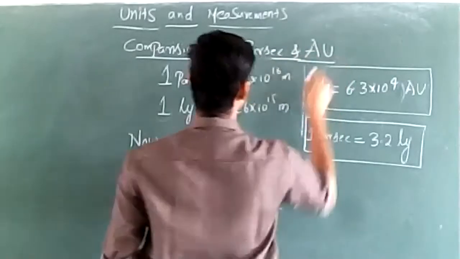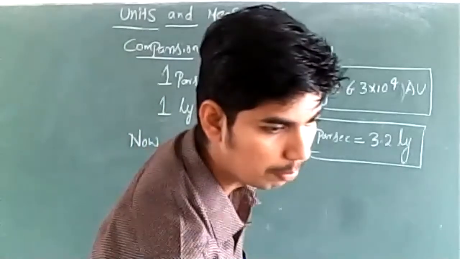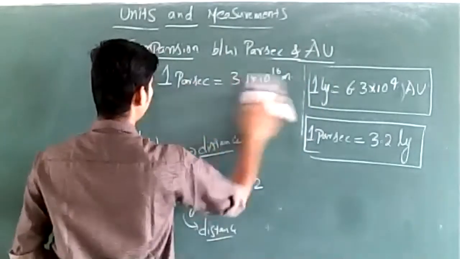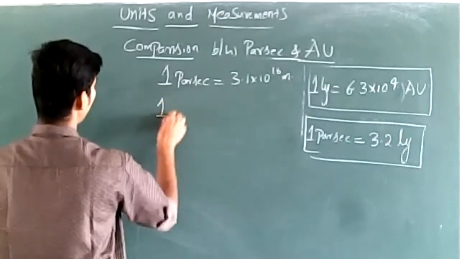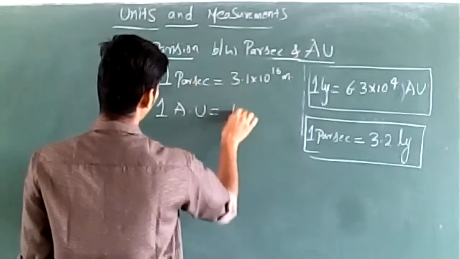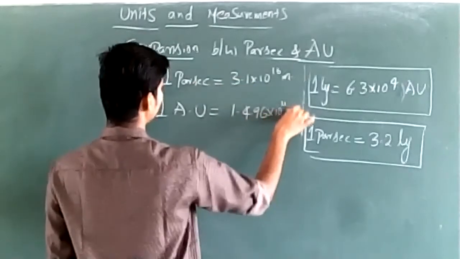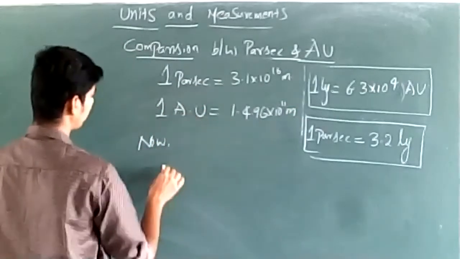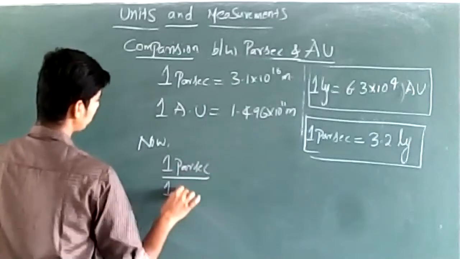We know 1 parsec is equal to 3.1 into 10 to the power of 16 meter and 1 astronomical unit is equal to 1.496 into 10 to the power of 11 meters. Compare ಮಾಡಿದ್ರೆ, divide ಮಾಡಿ.